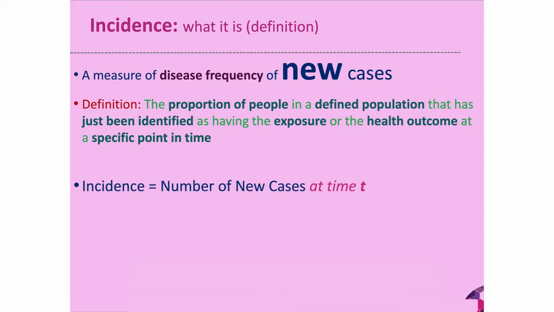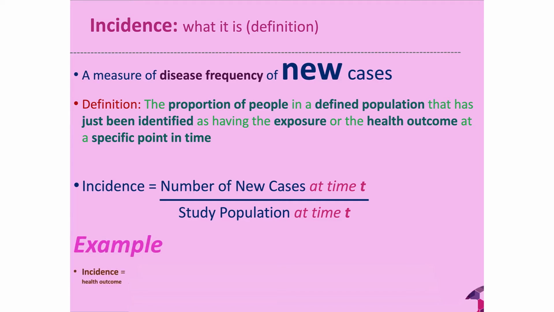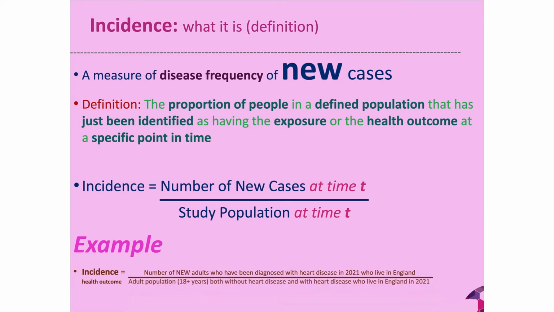So we have incidence as the number of new cases at time t divided by the study population at time t. And an example would be for health outcomes: number of new adults who have been diagnosed with heart disease in 2021 who live in England divided by the adult population 18 plus years, both without heart disease and with heart disease, who live in England in 2021.